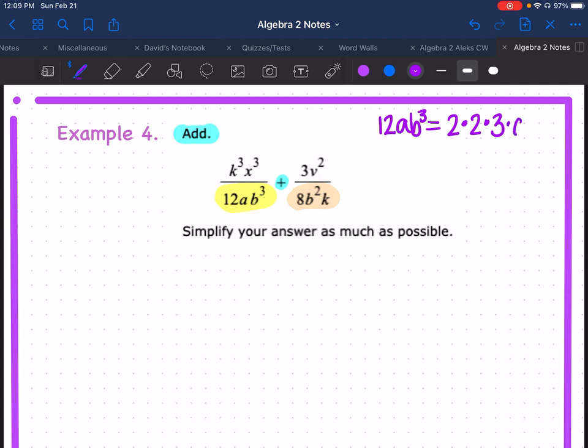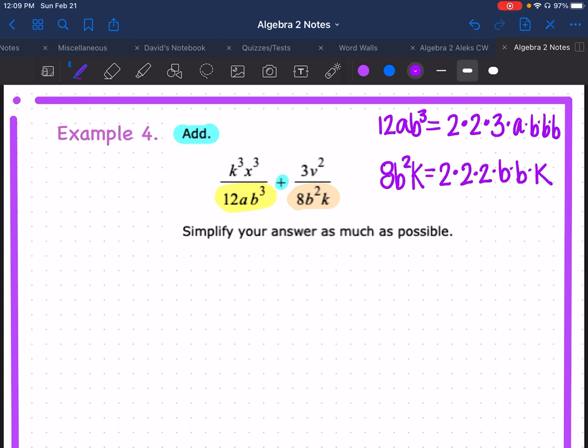Then I'm going to have an A, and then I'm going to have 1, 2, 3 B's. Okay, let's think of 8, and then we'll worry about the variables. So 8 I can think of as 2 times 4, and 4 I can think of as 2 times 2. Then I would have 2 b's, and I would have a k.